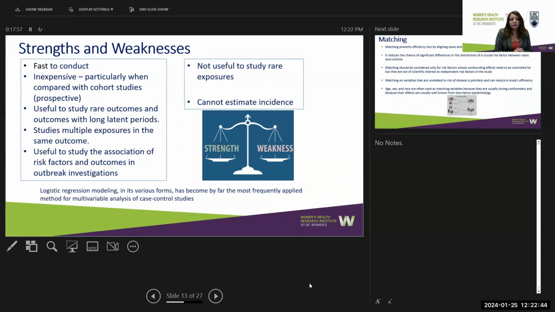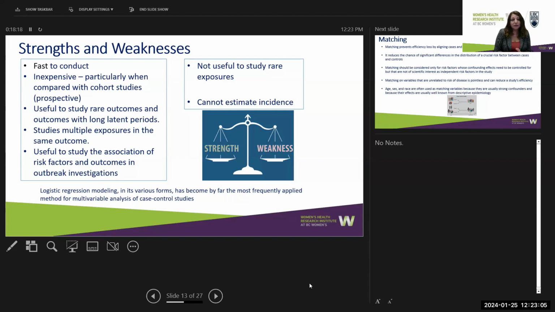So, strengths and weaknesses of the case control study. It's fast to conduct and not expensive because we do it at one point in time. We can use it to study rare outcomes, and again to study multiple exposures.